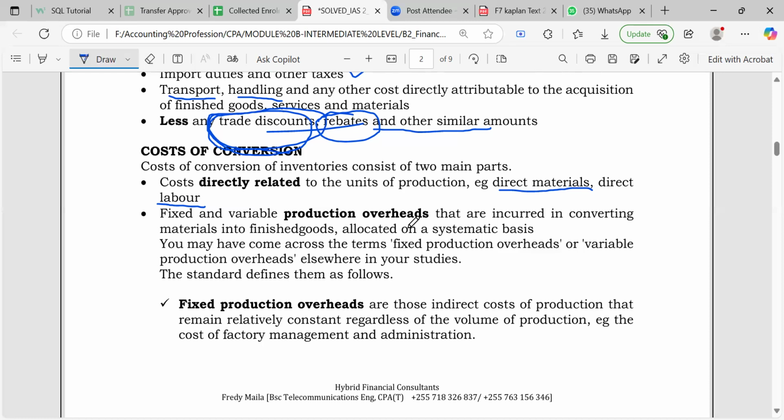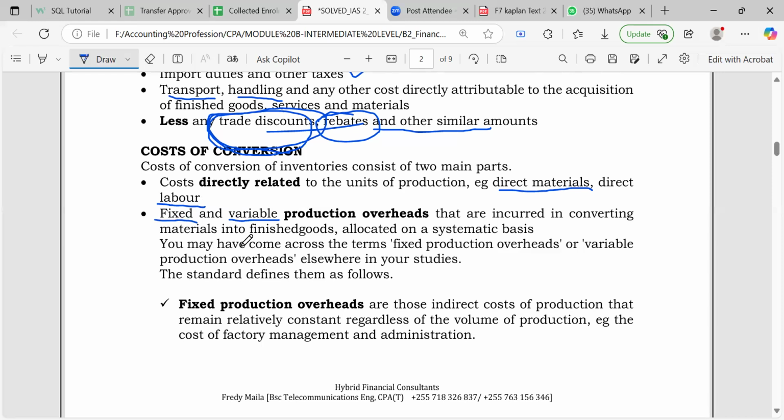But these things are for management accounting. In inventories, I assume they won't cause you a lot of problems, but they are matters which are always there. Variable costs are usually given on a unit basis. So you look at the number of units and multiply by the variable cost per unit. Fixed costs are usually given in total.